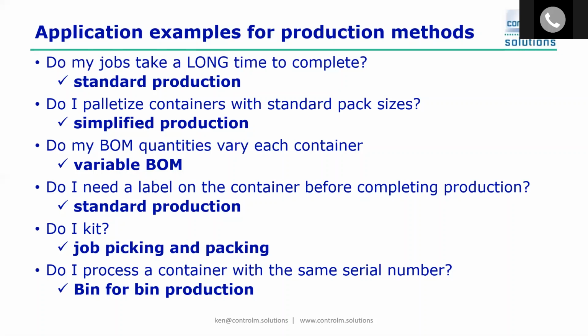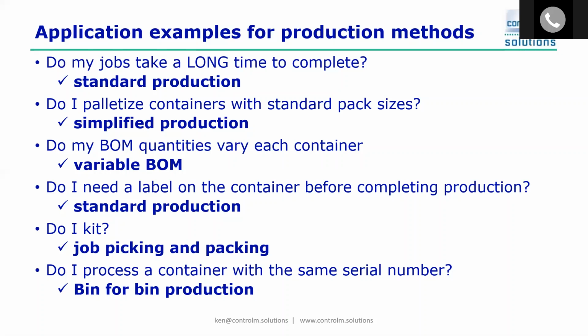If I use standard production, I can say, just record whatever you've made each hour, or even every 45 minutes. At least we've got production records that are going to give us a better indication of how well we're doing as the job is progressing, rather than just at the end of the produced container.